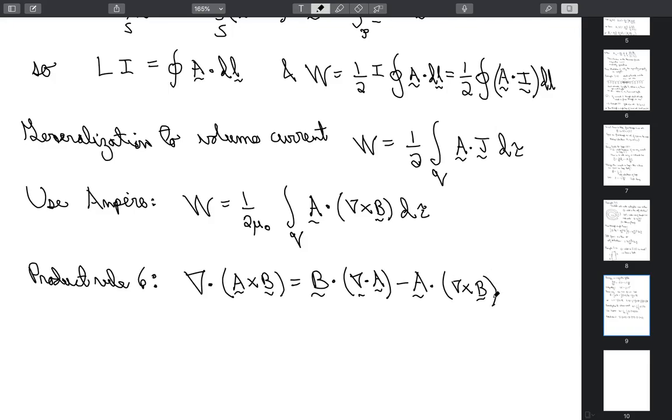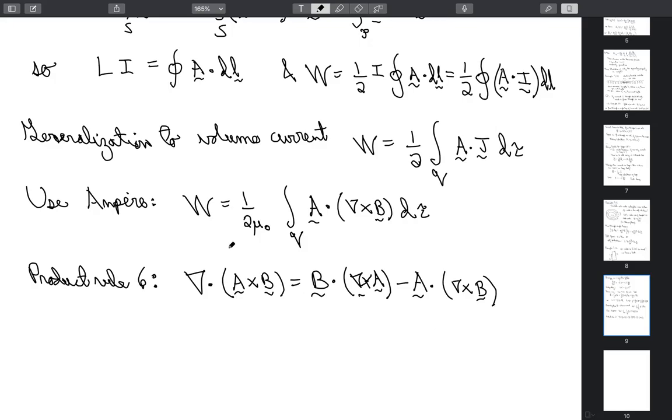Hang on, so there's just a little mistake here. This is not a dot, right? This is just a cross product. Yeah. Okay. So where does that leave us?